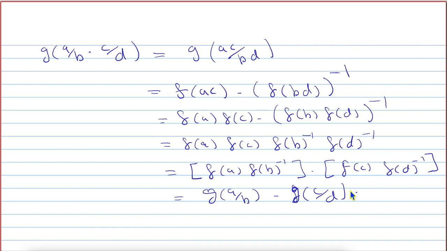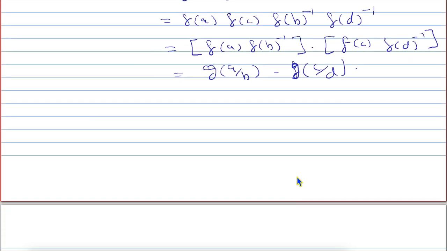So G is a homomorphism. Now we want to show that it is injective, and therefore we will assume, so we'll show injection. So we assume that G of A over B equals G of C over D, okay?